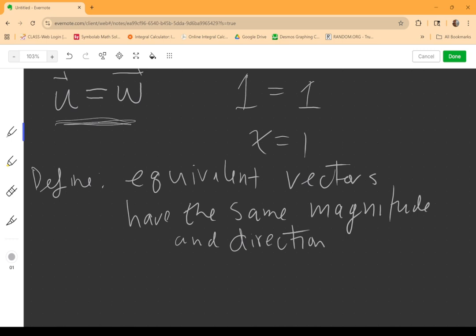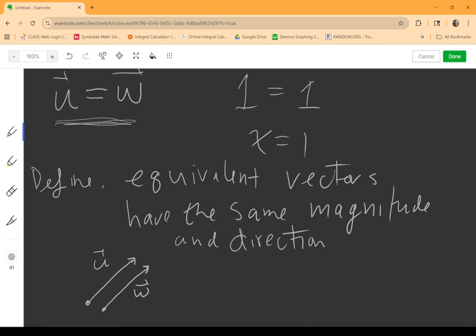In order for that statement to be true, not only do they have to be pointed in the same direction, they also have to have the same magnitude. So if this was u and this was w, then those vectors we can consider to be equivalent: same magnitude, same direction. Again, initial point, terminal point.